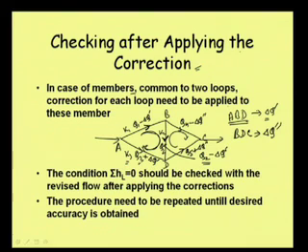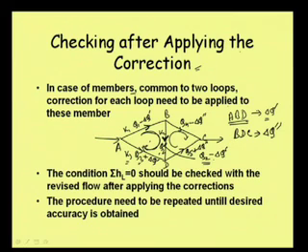And then what about this one? In this pipe, the original value is q2. The correction from this particular loop is q2 minus delta q dash, but the correction from the other loop is in the opposite direction, since the flow is opposite to its clockwise direction. So it will again be plus delta q double dash.